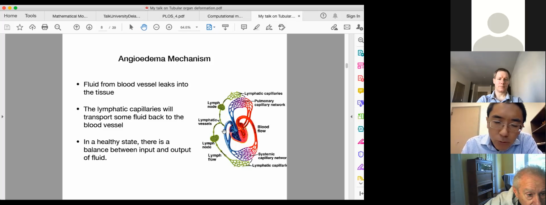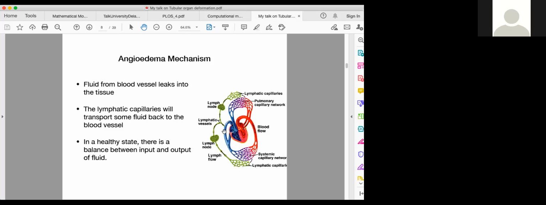The lymph vessel is for balancing the water in our body. If there is some extra water, the lymph vessel will take away the extra fluid and take the water back to our blood vessels. So our body can maintain the balance of water.